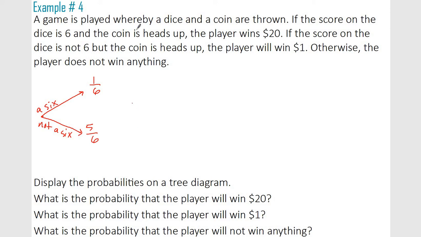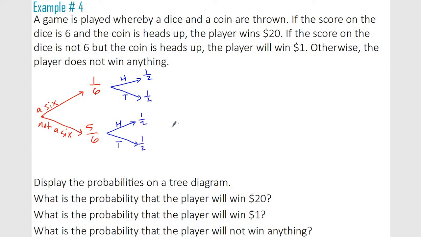Okay. Then we flip a coin. And that's either going to be heads or tails. Heads, tails. And the odds of getting a head is 1/2. Odds of getting a tail is 1/2 all the way down.